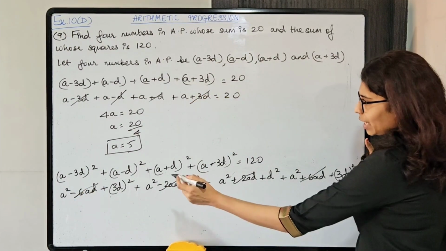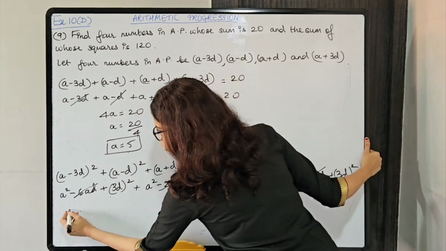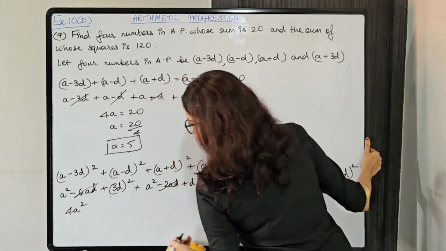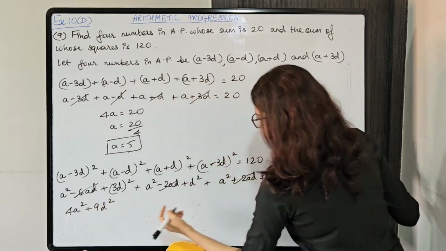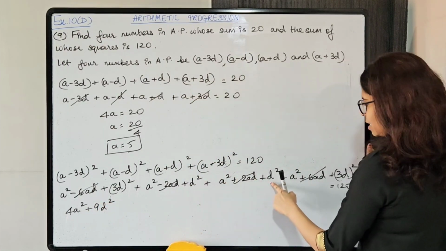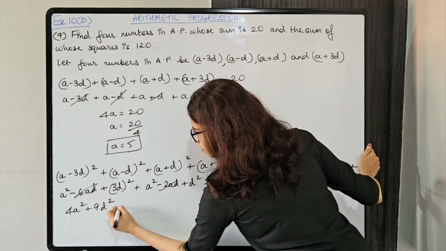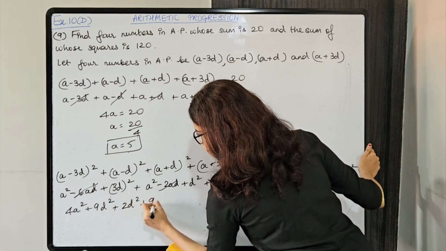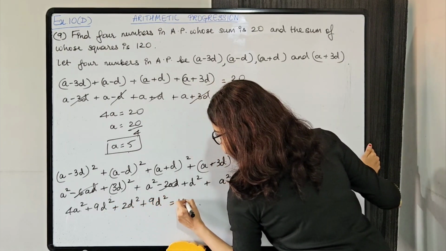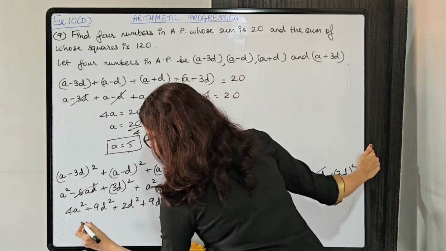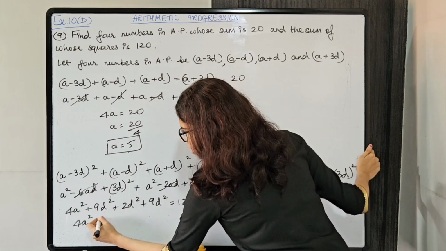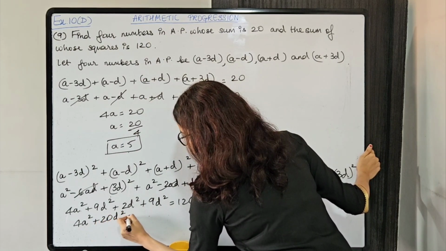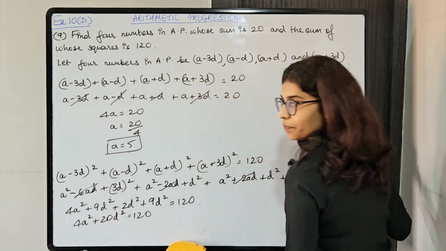So a square 4 times add हो रहा है, 4a square, and over here we are getting 9d square plus d square plus d square plus 9d square, okay, is equal to 120. So 4a square ये हो जाएगा plus 20d square is equal to 120.